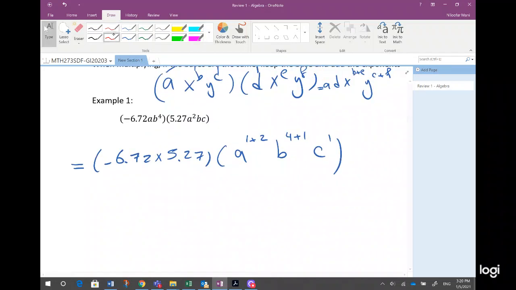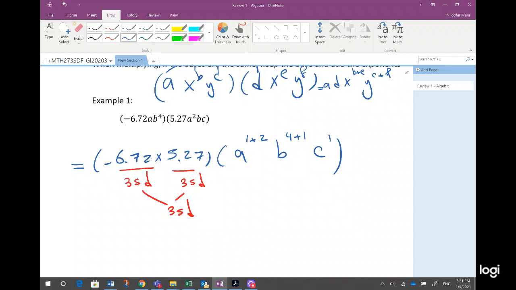I can round this way. This is 3 significant digits, this is 3 significant digits, so I round to 3 significant digits. Why? Because it's multiplication. In multiplication and division, I round to the least significant digits. If you are my student, I want you to show me rounding this way.